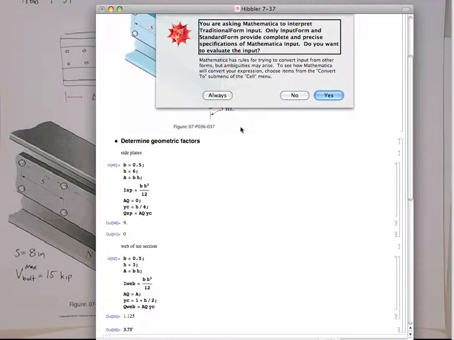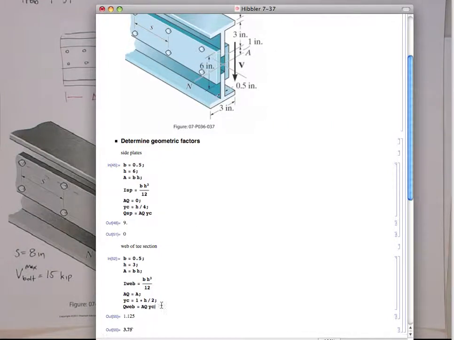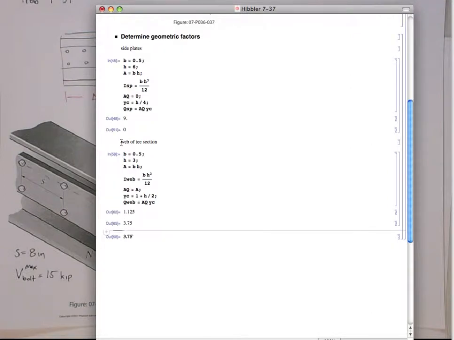Now we do this. Whoops. Let's fix this. I don't need this anymore. Let's get the flange of the T section.